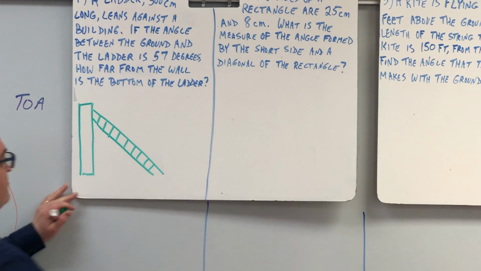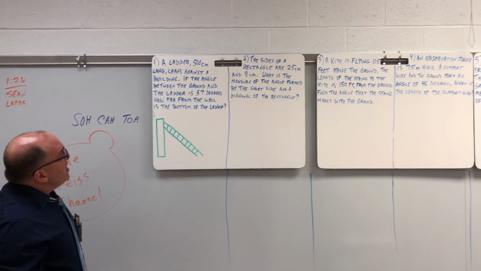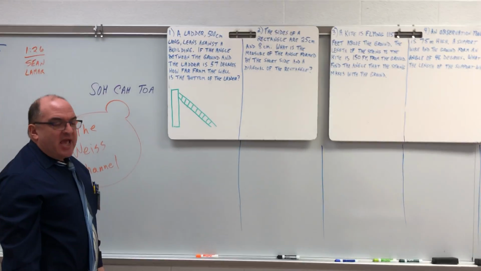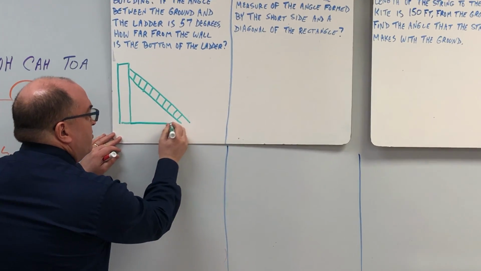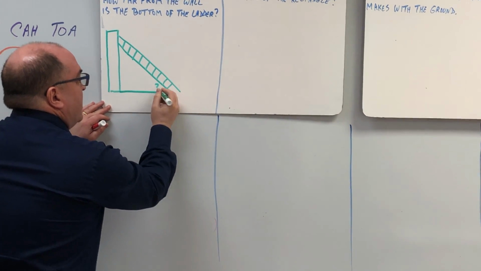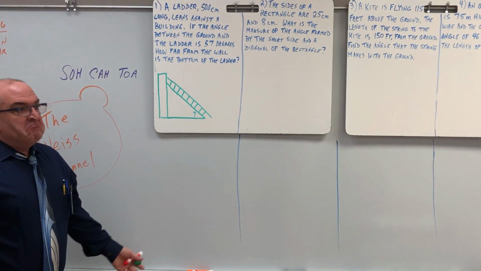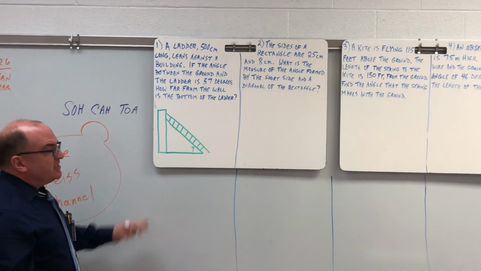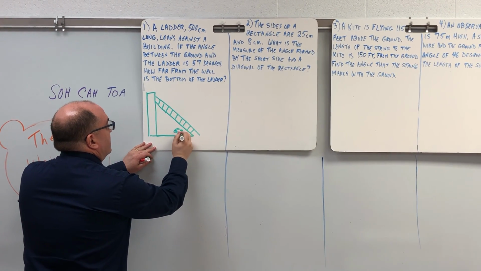If the angle between the ground and the ladder, does that make sense that it would be this angle right here? That's the angle between the ground and the ladder. The angle between the ground and the ladder is 57 degrees.